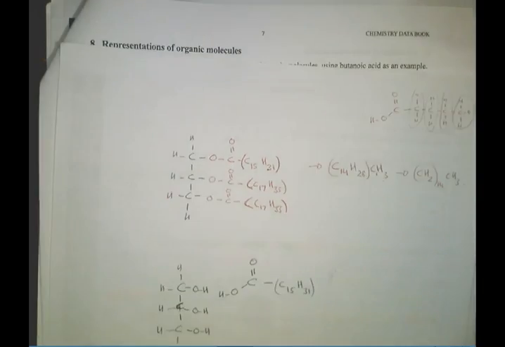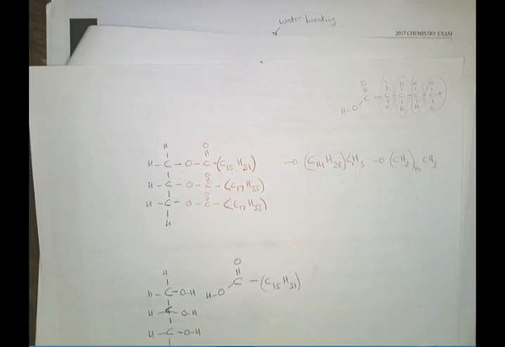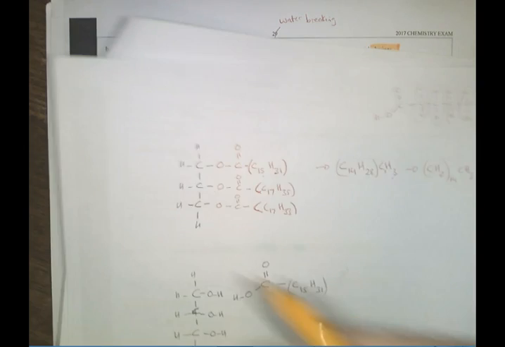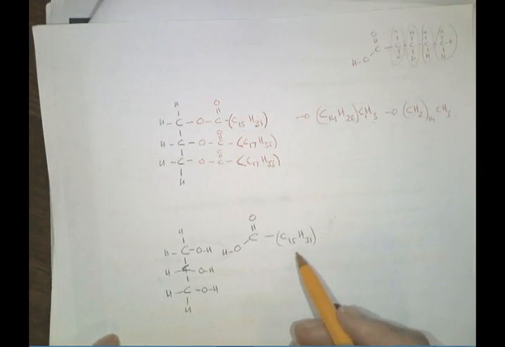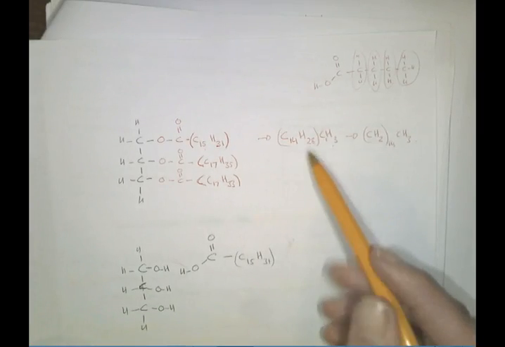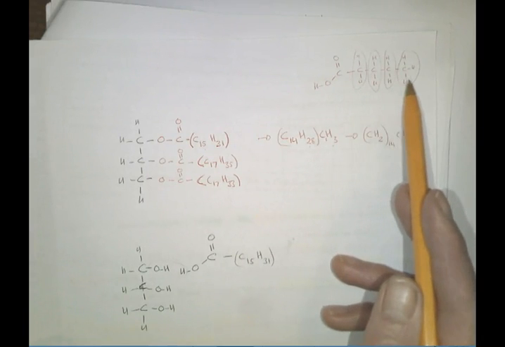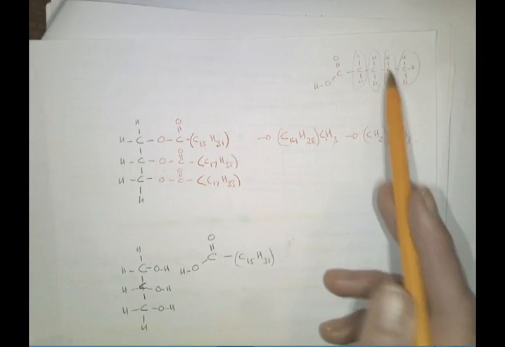If we just picked up this molecule and turned it around, it says C15H31, so it means basically that there's 15 carbons and each carbon's got 2 hydrogens.